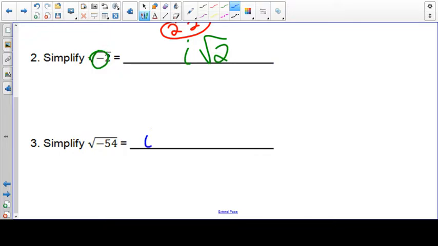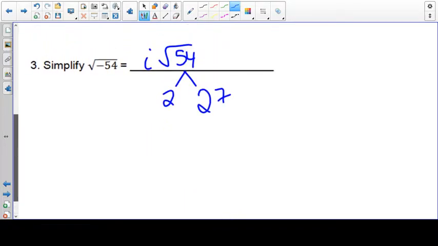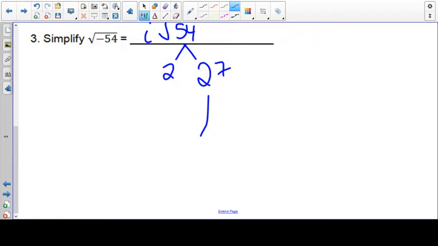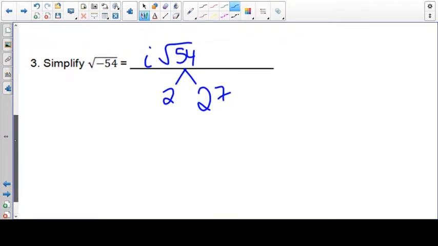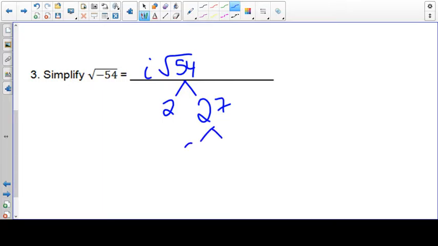So I've got i square root of 54. 54 breaks into 2 times 27. 27, ooh, okay, what are you doing? My computer's jumping on me. 27 breaks down into 3 and 9. 9 breaks down into 3 and 3.